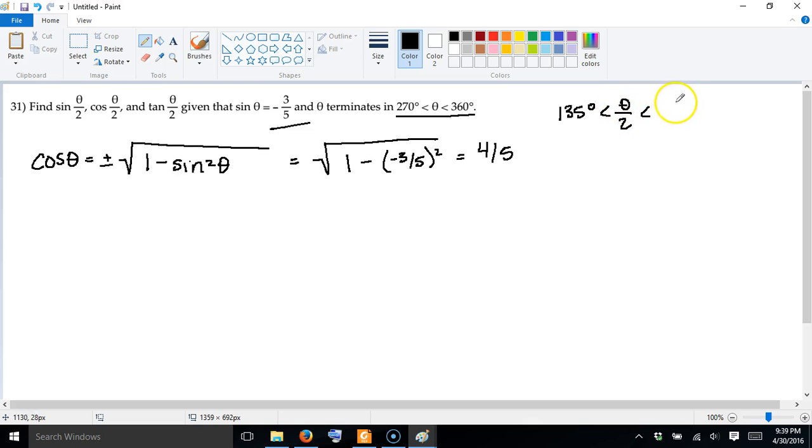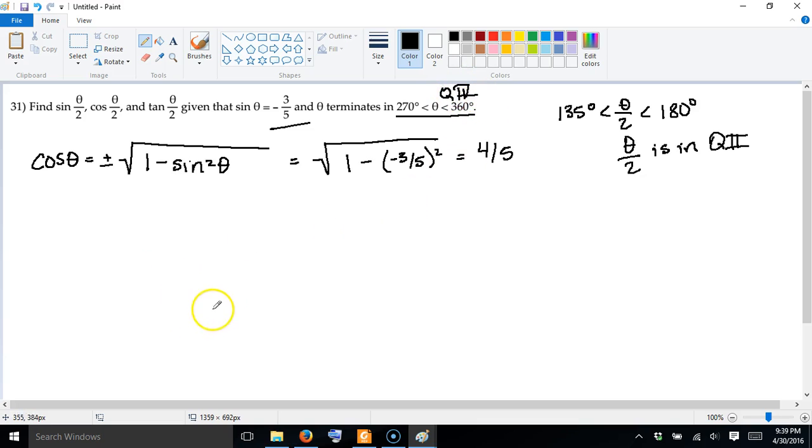And then 360 divided by 2, it's 180. Okay, so 135 to 180, that is in our second quadrant. So theta over 2 is in quadrant 2. This was quadrant 4.